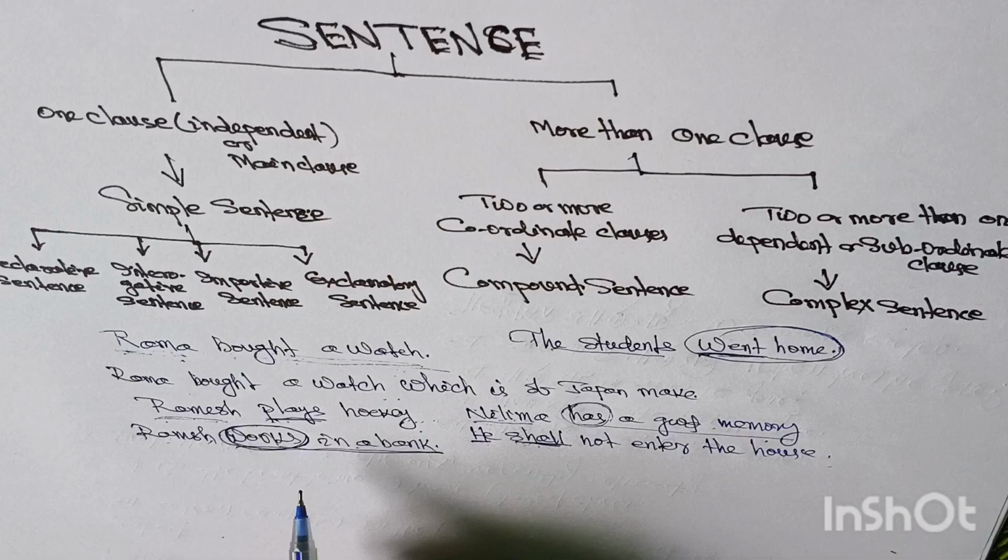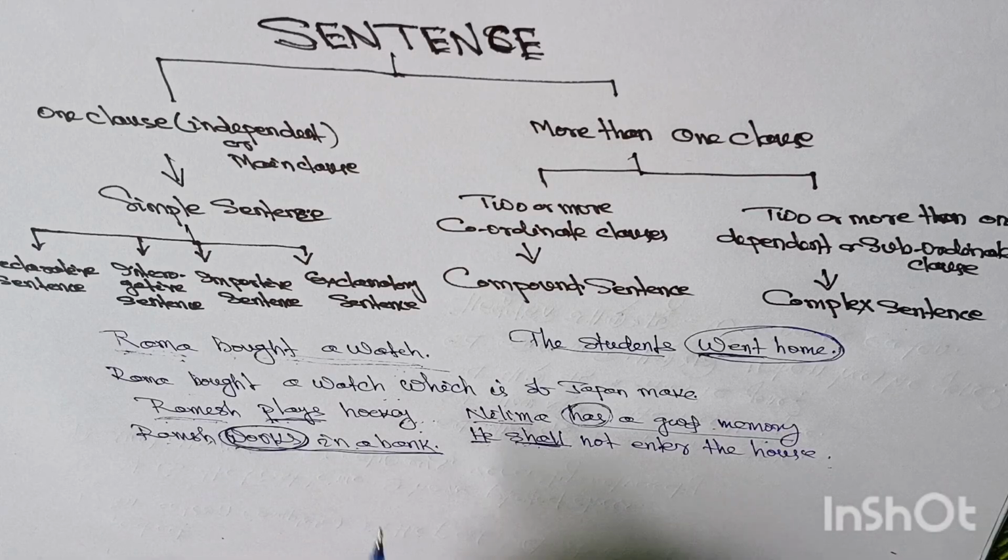Then you come to know about the simple sentence, how many sentences are in simple sentences and which are they. Now you are clear about what is a simple sentence, what is a clause, what is a finite verb, what is a subject, and what is a predicate.